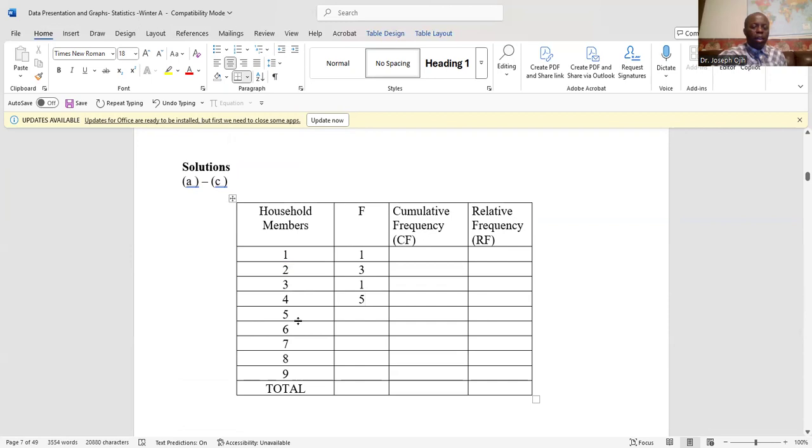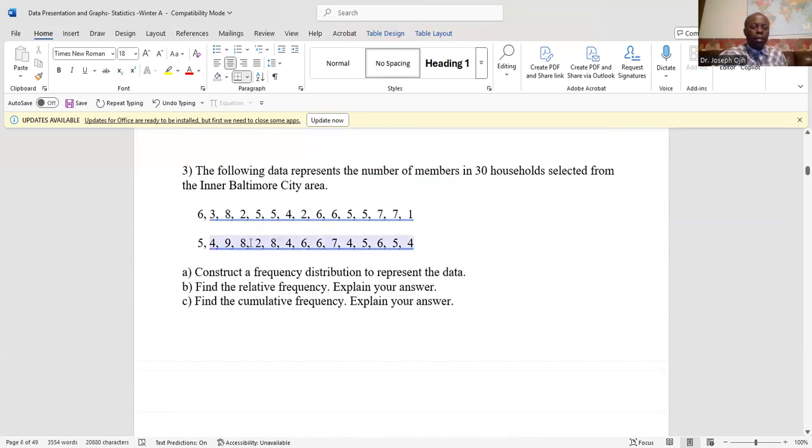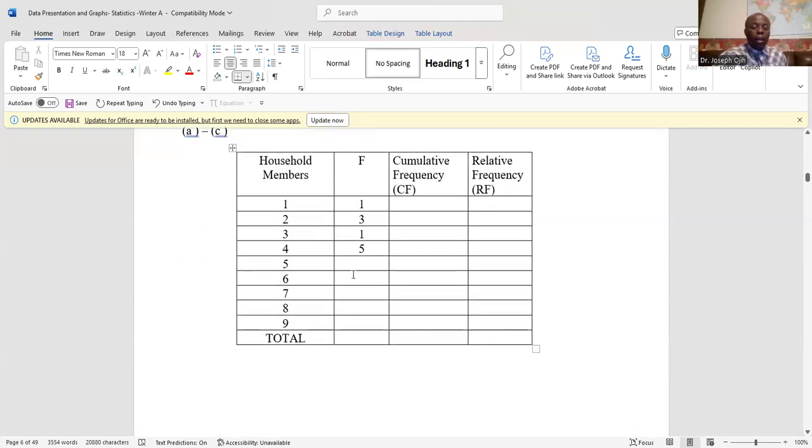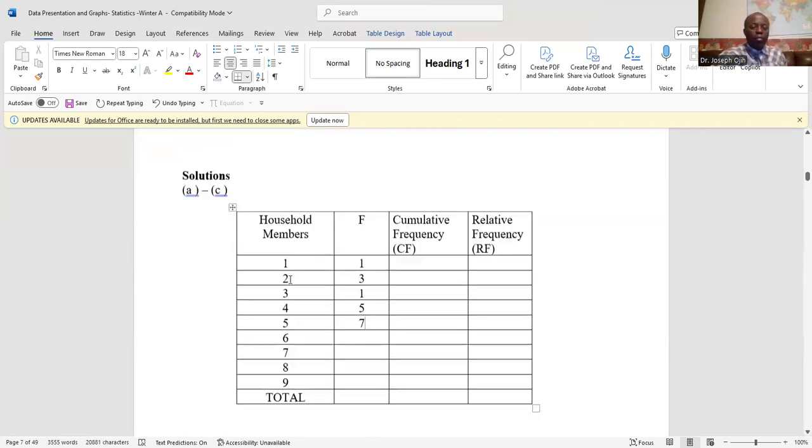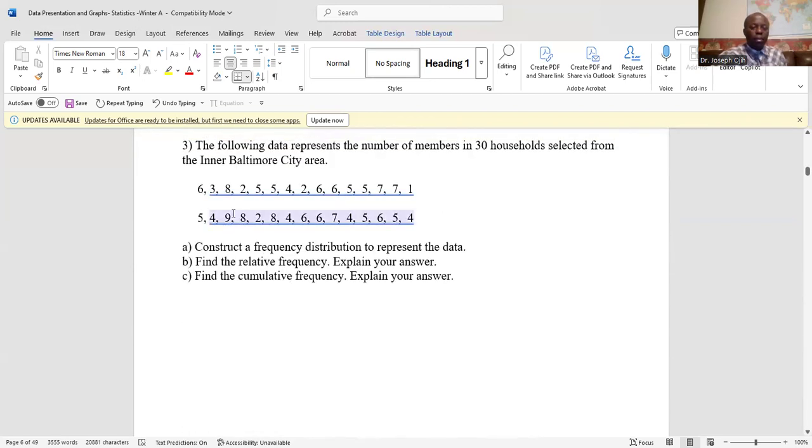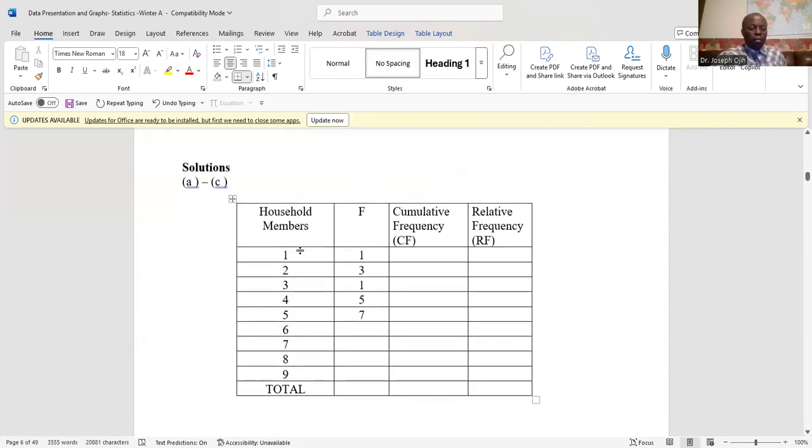How many 5s do we have? 1, 2, 3, 4, 5, 6, 7. 7 5s. How many 6s do we have? 1, 2, 3, 4, 5, 6. 6 of them.